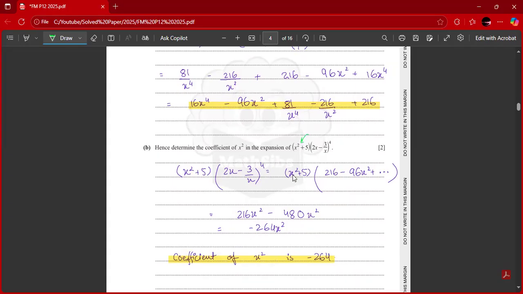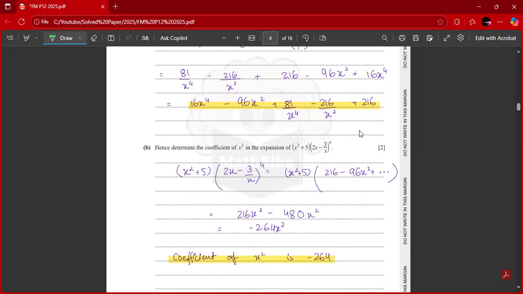So what would I multiply x squared with to get an answer that's already an x squared? This thing? No. It will give x to the power 6. This thing? Also no. So no, no, and yes. Because if I multiply 216 with x squared, I will still get an x squared term. So we get one value out of the way.